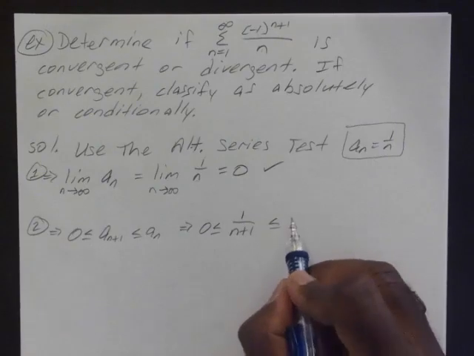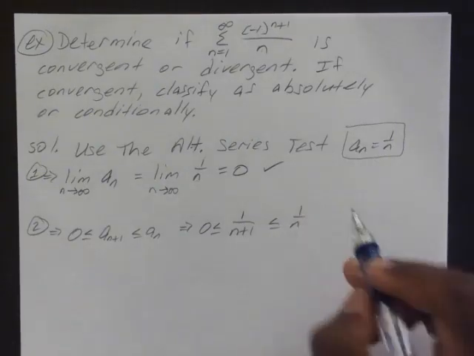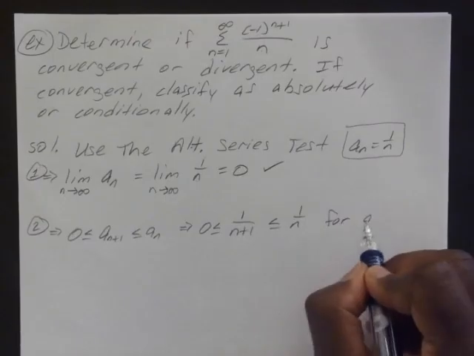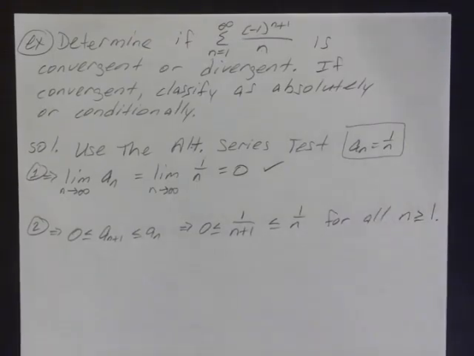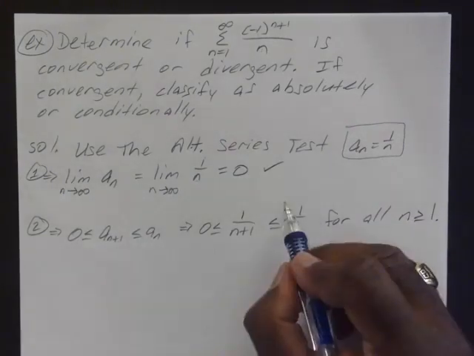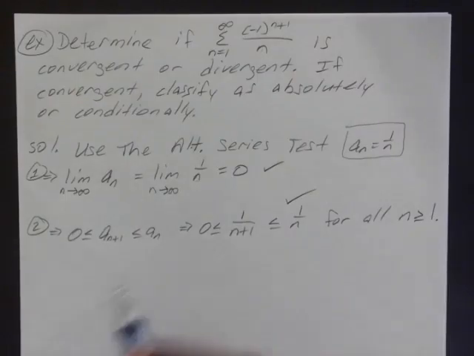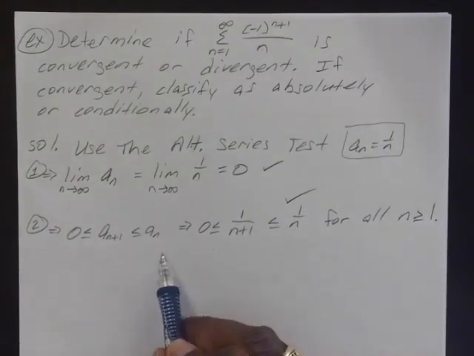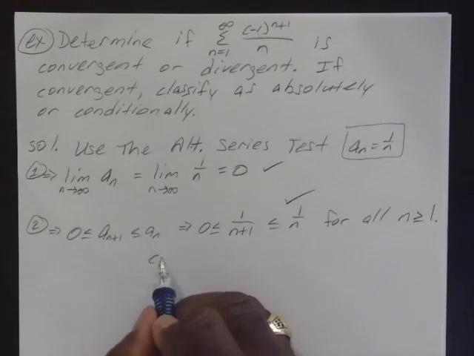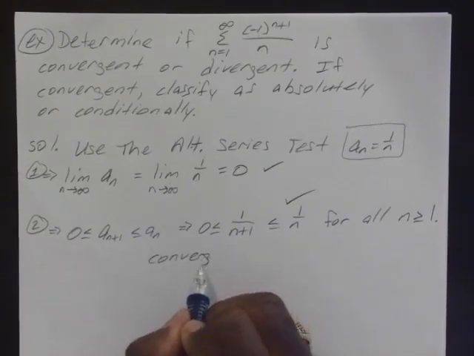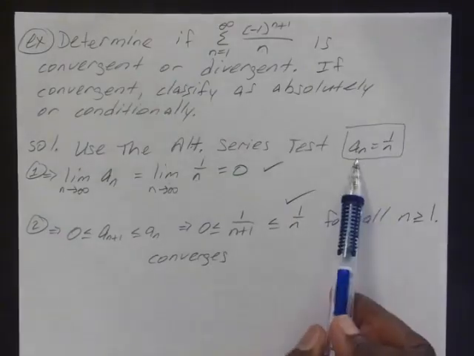It's less than or equal to that 1 over n for all values of n greater than or equal to 1. Okay. Well, this is true. So we know since both conditions are met, it's convergent. At least your a sub n is convergent.